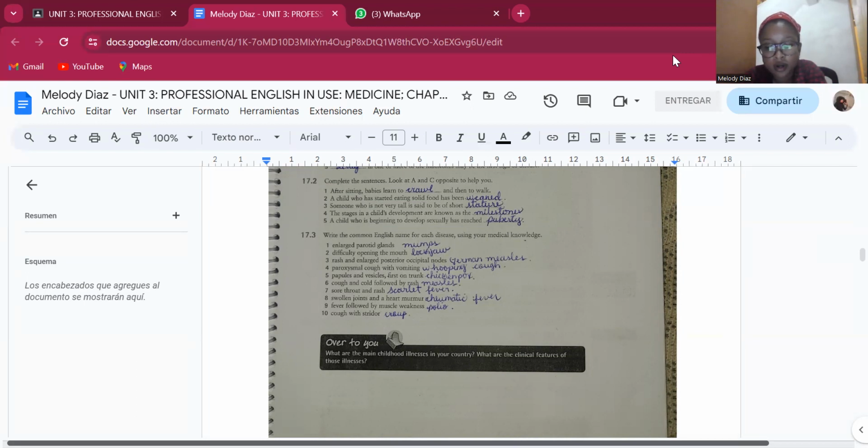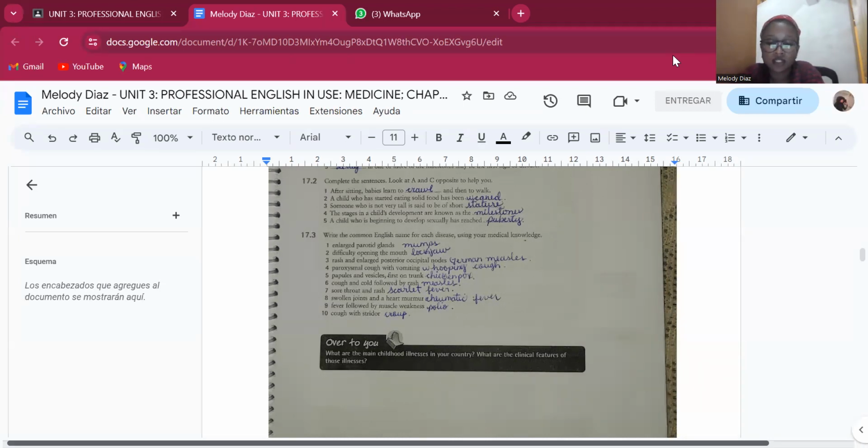Number 3, someone who is not very tall is said to be of short stature. Number 4, the stages in a child's development are known as the milestones. Number 5, a child who is beginning to develop sexually has reached puberty.